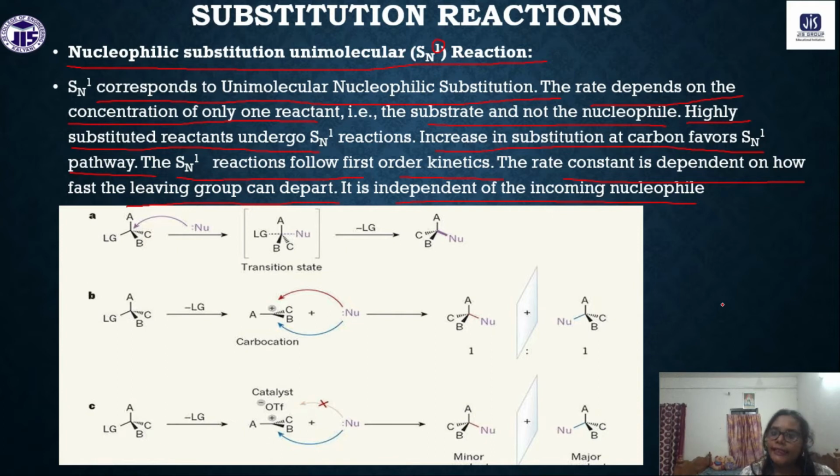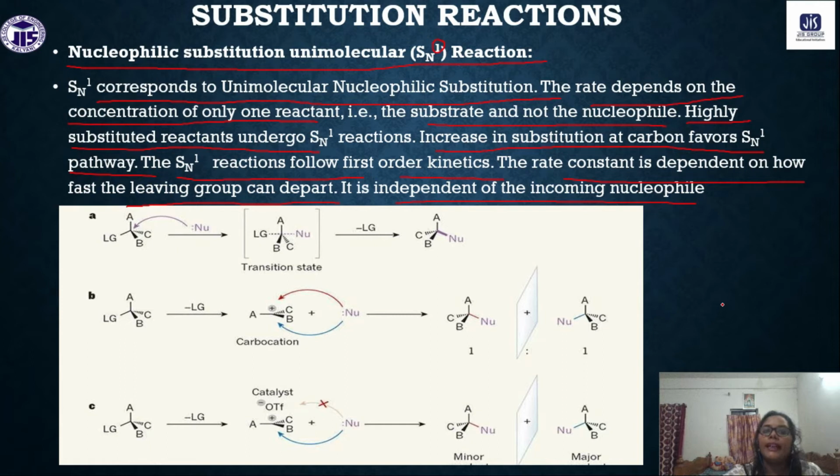Second thing, if the molecule that the nucleophile attacks is heavy and bulky, that molecule will prefer the SN1 reaction. Increased substitution at carbon favors the SN1 reaction, that is, when the carbon atom is substituted by bulky groups, it mostly favors the SN1 reaction.